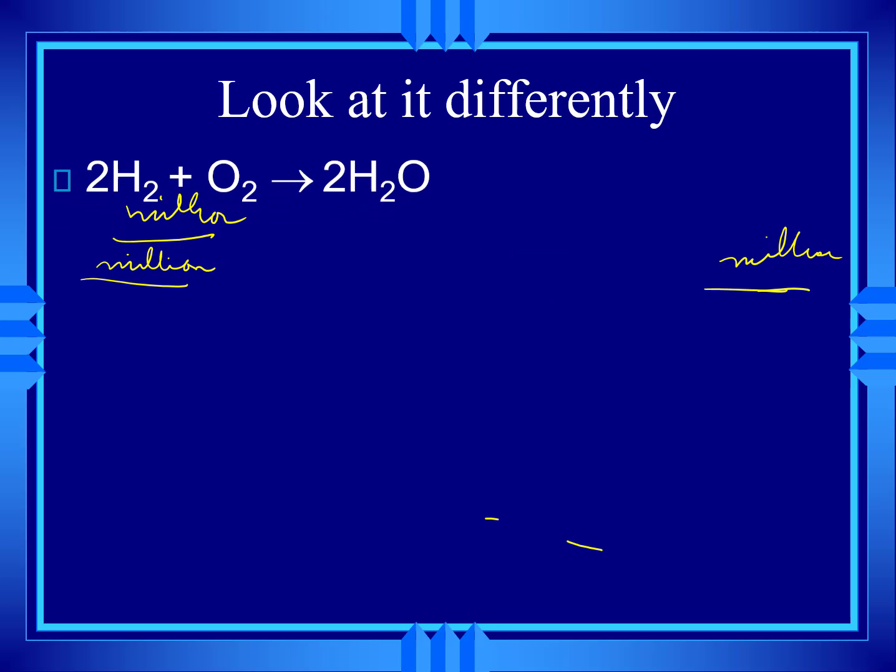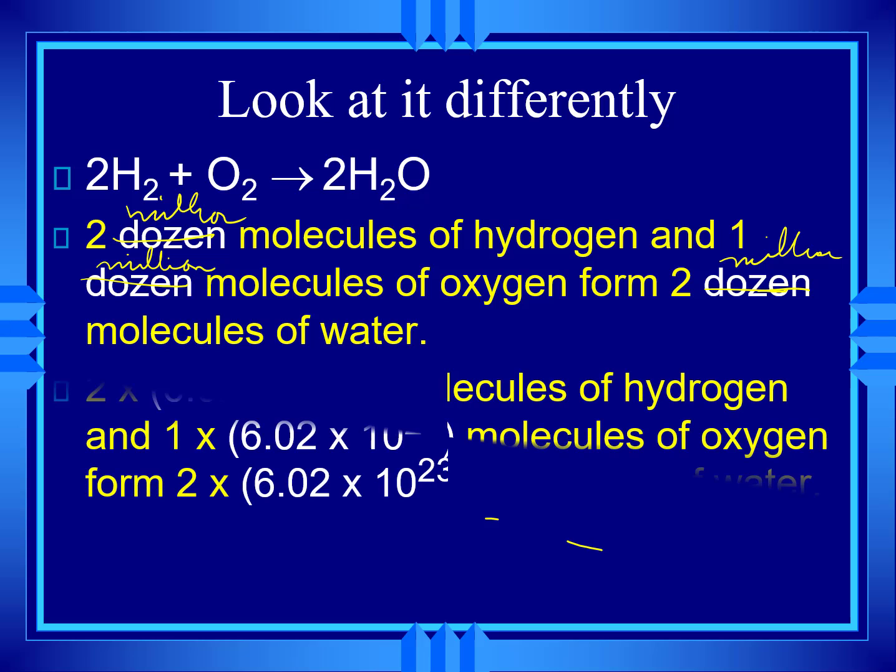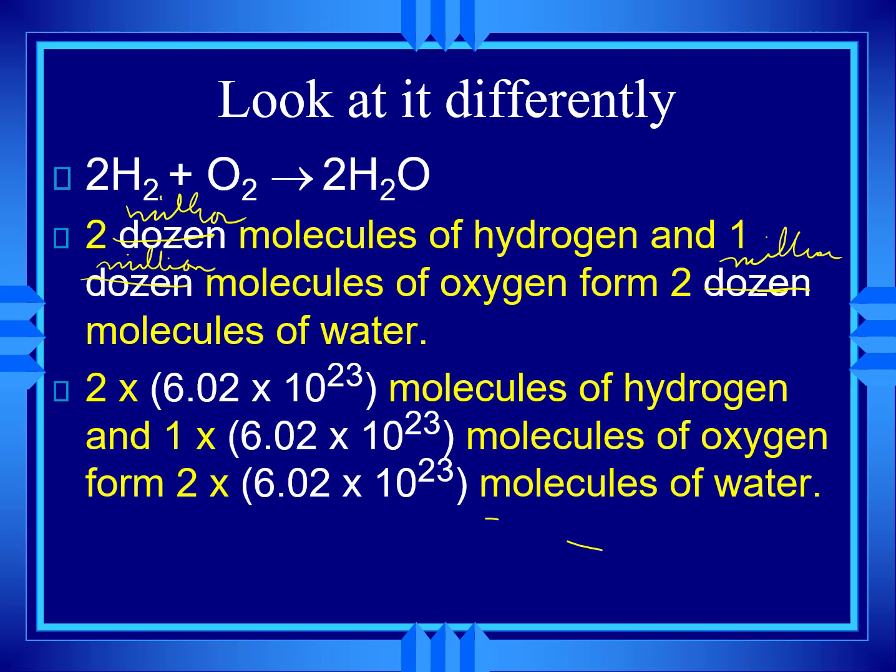Okay, but let's do it a lot of times. Let's do it Avogadro's number of times. I just have to take 2 times Avogadro's number to talk about molecules of hydrogen, 1 times Avogadro's number of oxygen. So it's still just the coefficients times how many particles. But if I had 6.02 times 10 to the 23rd molecules of hydrogen, I'd have a mole of hydrogen.